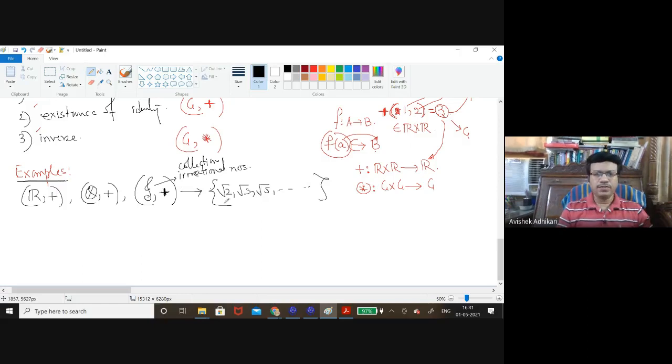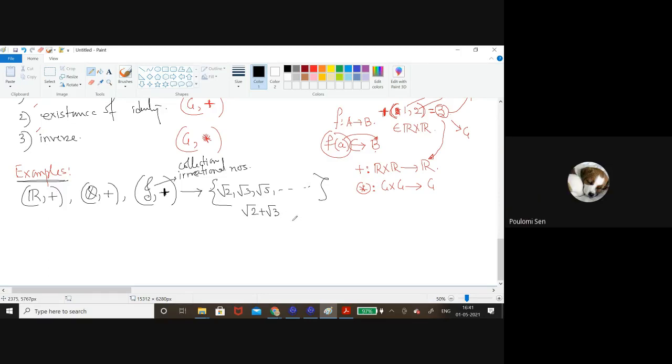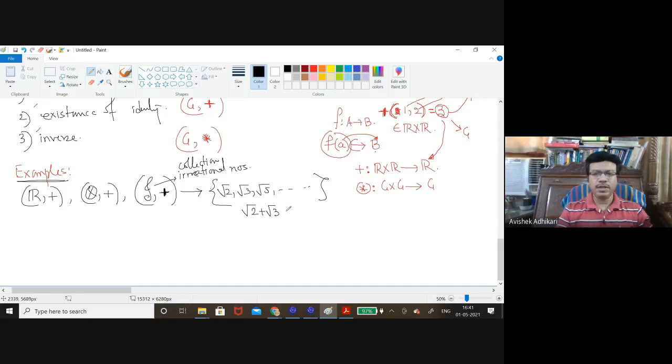Okay. First, if you add any two irrational numbers, will that be closed with respect to that? If we consider root 2 plus root 3, will that be a rational number? No, sir. So it will always be irrational, right? Okay, let me check.